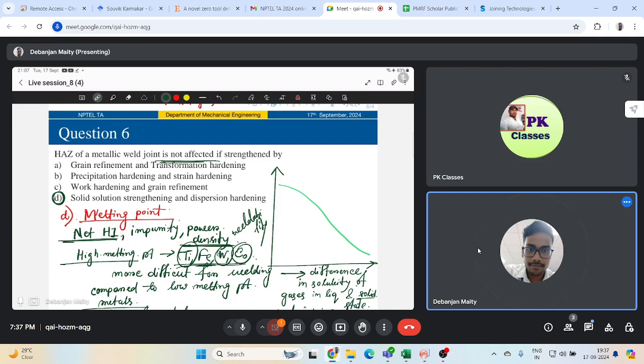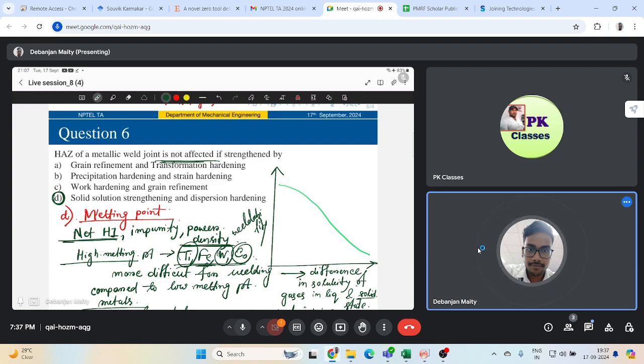Now, whenever you are doing welding, you are doing some localized heating, right? Somewhere in that region you are fusing the material, going above melting temperature. But what happens in the heat affected zone? There, the melting temperature is not reached, right? It is somewhere below the melting temperature, and that will be a very localized region.